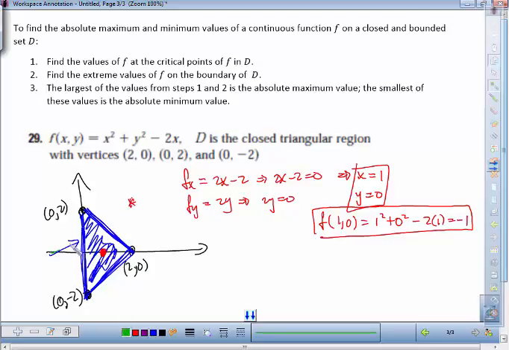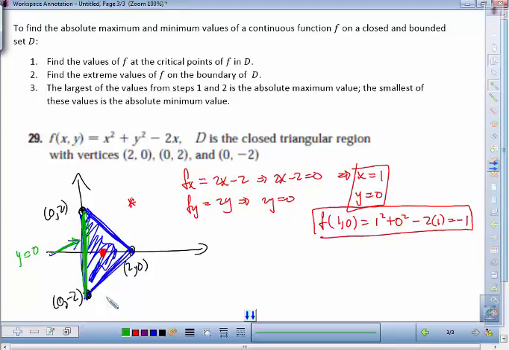Take each side of the boundary as a function of x or y. So I'm looking at this line right here. Can you give me an xy relation for that line? This is y equal to 0.